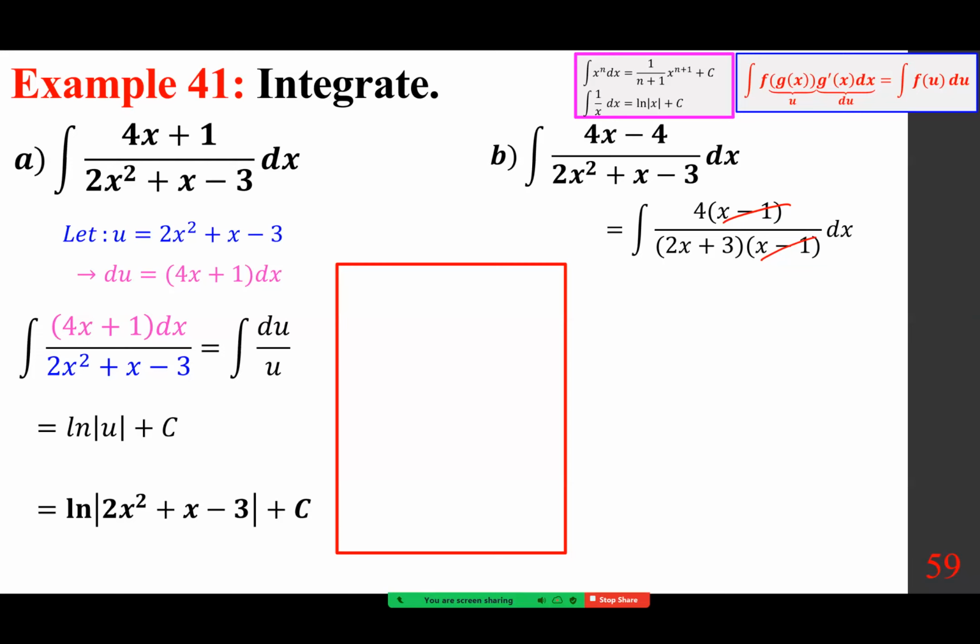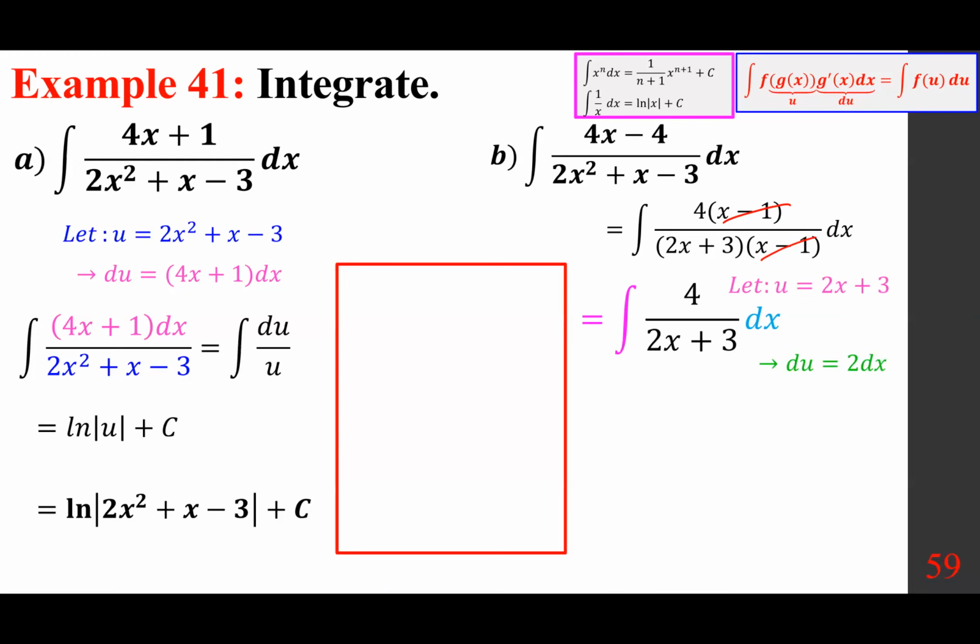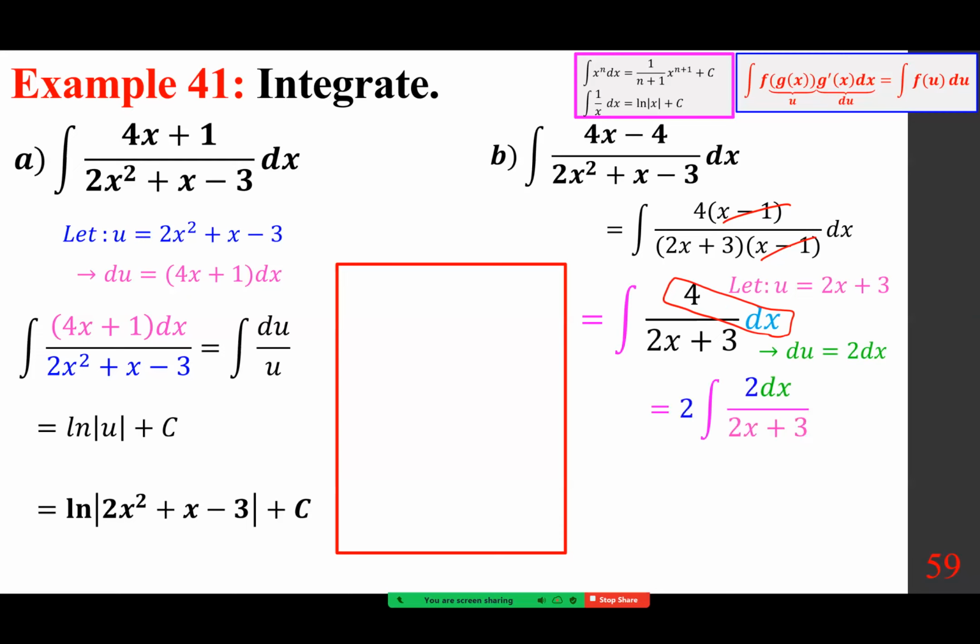Okay. So now we have that. Now, if we choose u to be the denominator, which is 2x plus 3, du is 2 dx. So what do we have up here? 4 dx. So we write it as 2 times 2 dx. Please, class, pay attention to the fact: 4 dx, I'm going to write it as 2 dx times 2.